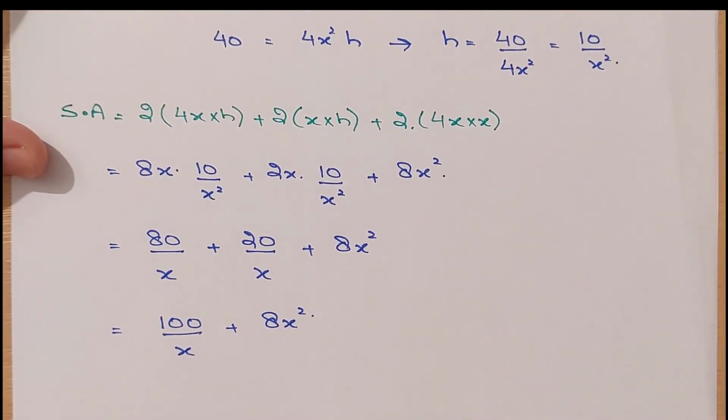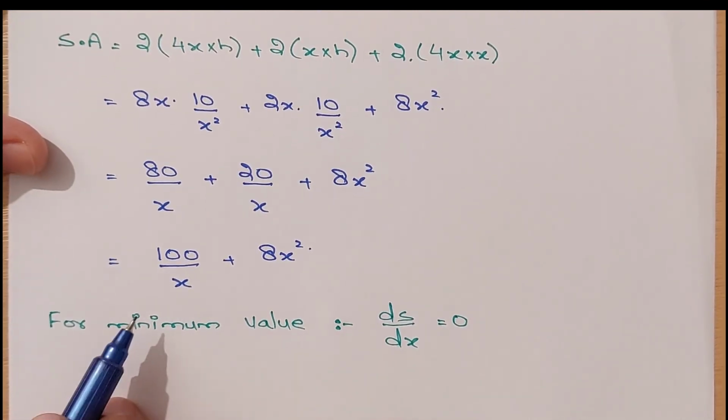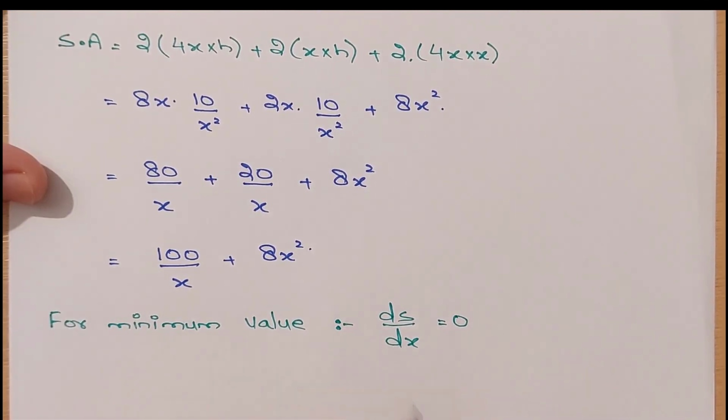So for the minimum or the maximum value, we have to find the derivative of the surface area, ds over dx, and put it equal to 0. We will get the value for x, right? So the derivative for this function we can say is equal to 100 times minus 1 over x square, plus 2 times 8 is 16x equals to 0.